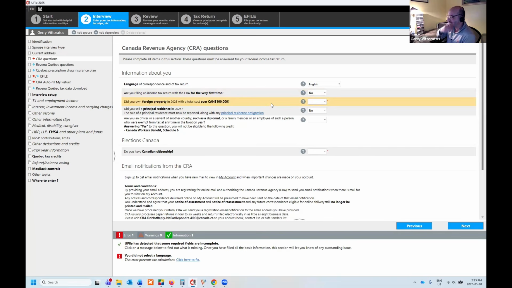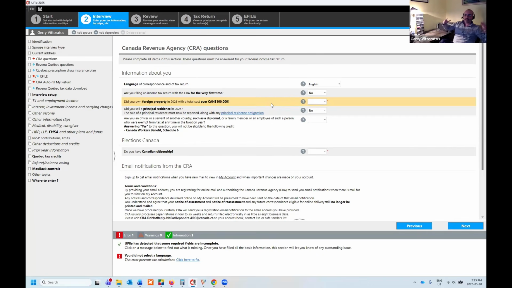All right, next we got, do you own foreign property in 2025 with a total cost of over $100,000 at some point in the year? Okay, so this is an important question. If you own any assets, be it real estate, be it bank accounts, be it foreign shares, and this includes, by the way, foreign shares in Canadian brokerage accounts.